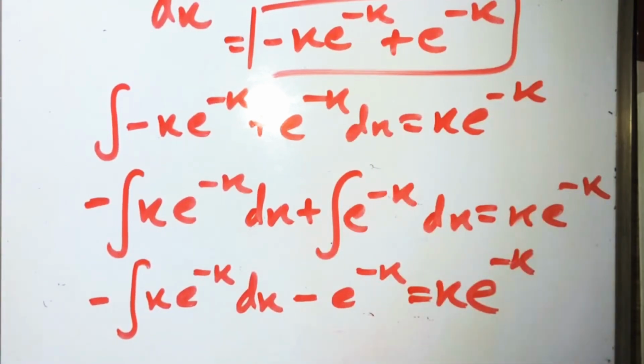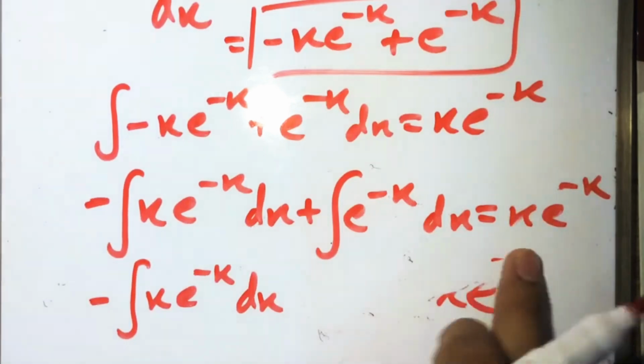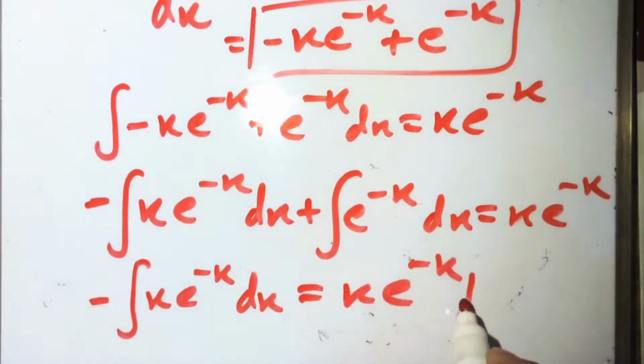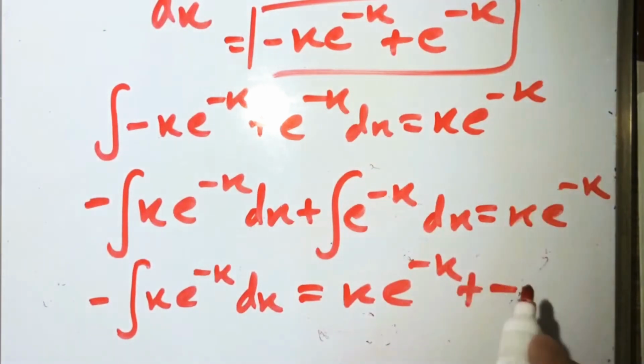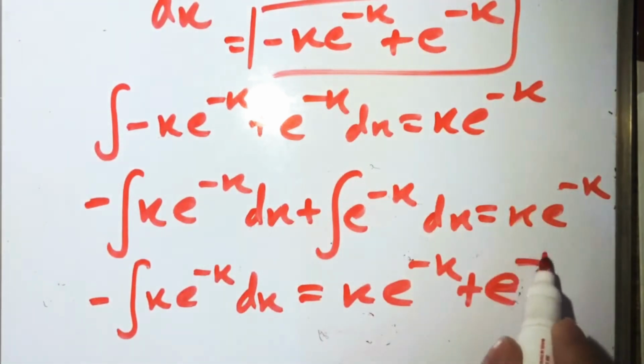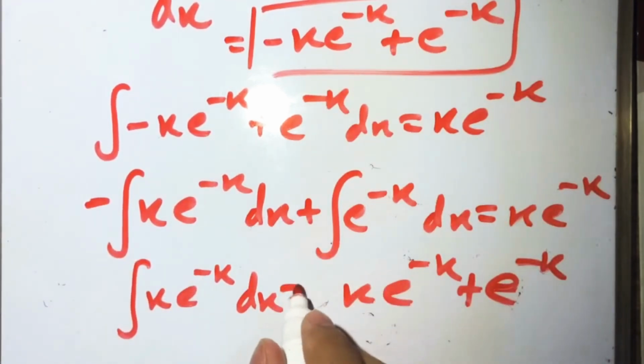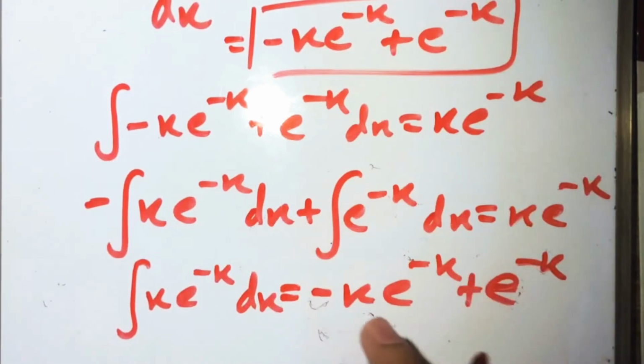Now this is shifted on that side, so it is added over there. When this minus sign is shifted on that side, this becomes minus, and then we add c.